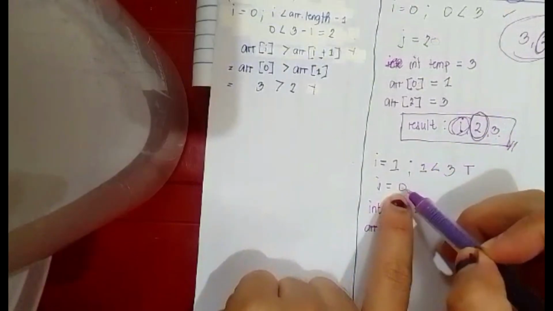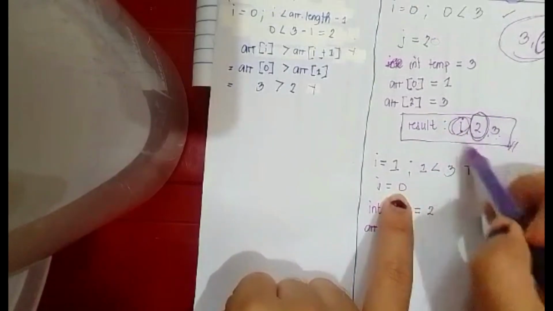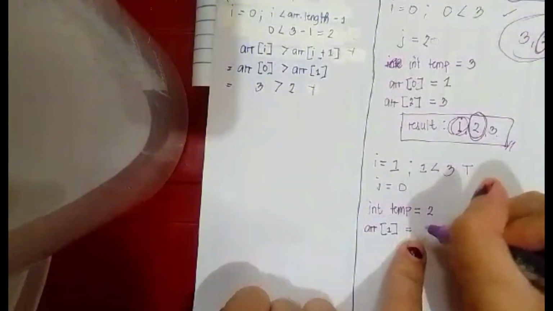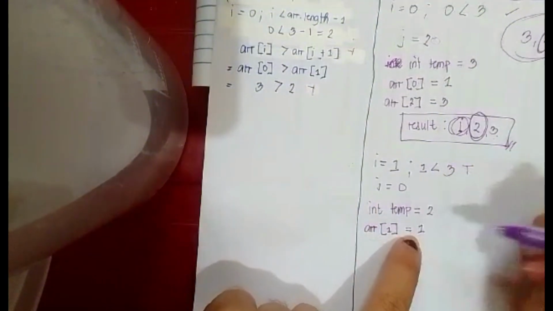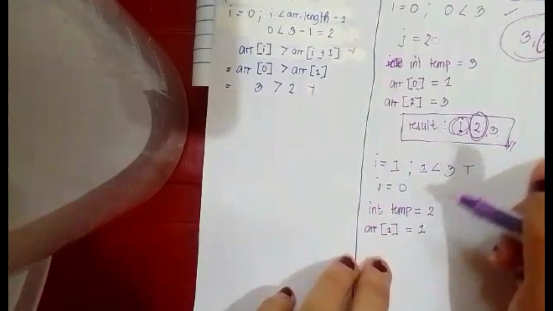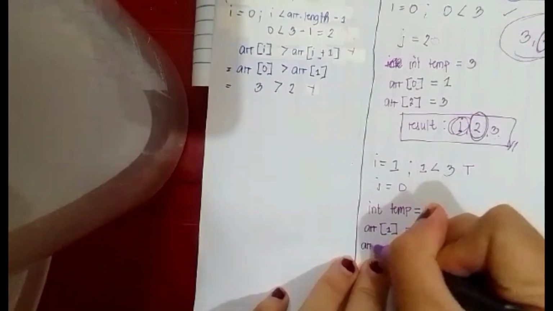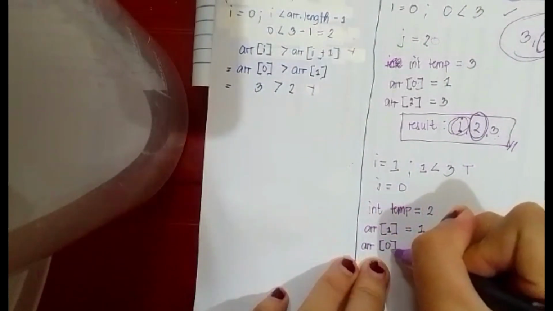The value at index 0 in our result is 1. So our value for array I is 1. Next is our array J, 0.